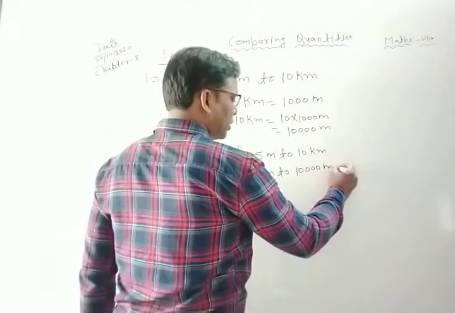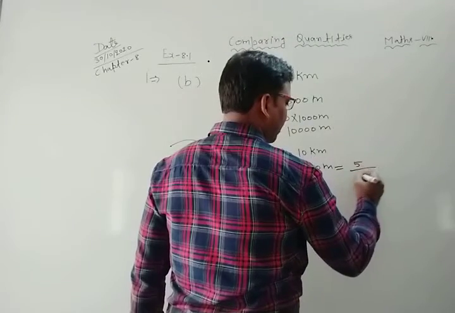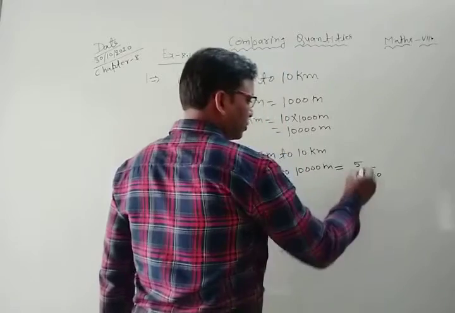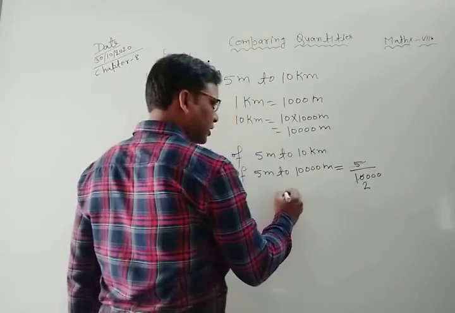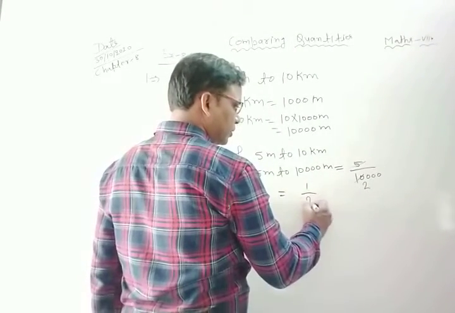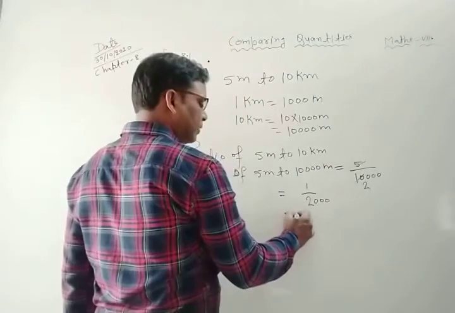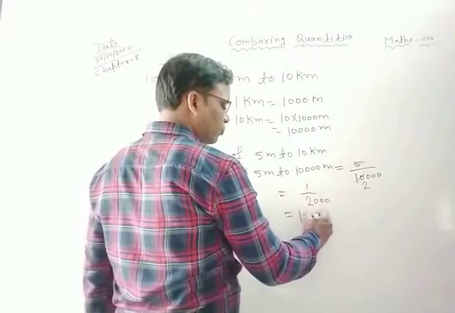This is equal to 5 by 10,000. Okay. So you can cancel it. 5 times 1 is 5, and 5 times 2000 is 10,000. So the ratio of 5 meter to 10 kilometer is equal to 1 ratio 2000.